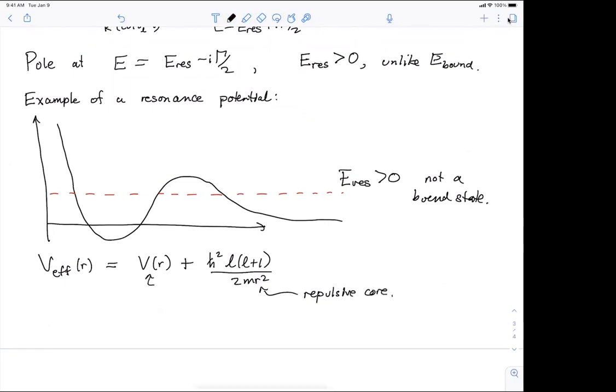And so any sort of attractive potential for the V of r part is going to give you a shape that looks like that, right? And so then your resonance, you think of it as a wave function that's living mostly in this region, but it has some amplitude to live out here also, and that's why it's not a bound state.